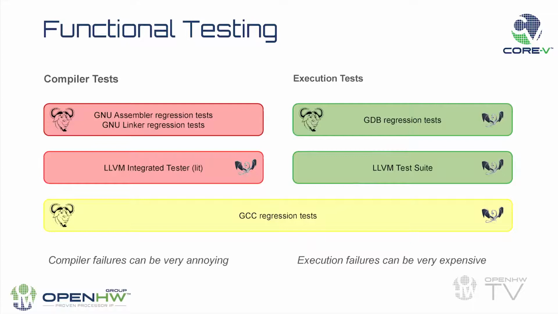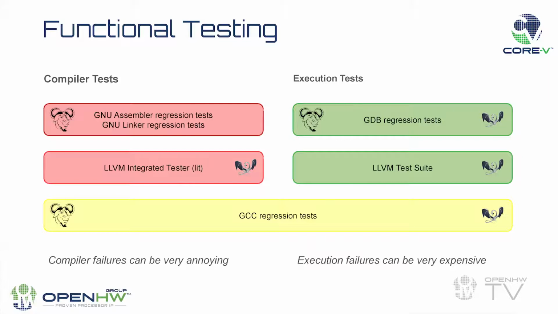Testing is central to any production quality compiler. And we distinguish between 2 types of tests. First of all, tests which check the compiler generates valid code, and secondly, tests which check that the generated code executes as expected. Failures when compiling can be very annoying, but these failures occur before code is generated, and ultimately no harm is done.